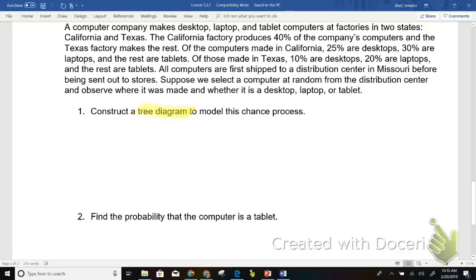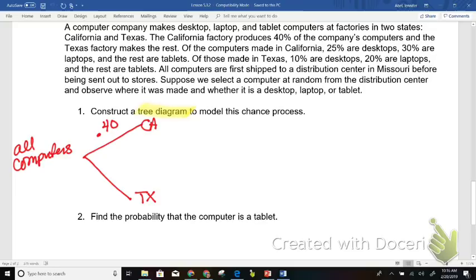So first, we have all of our computers. And the first thing that happens is they're either made in California or Texas. There's a 40% chance that they're made in California, and that means the other 60% are made in Texas.